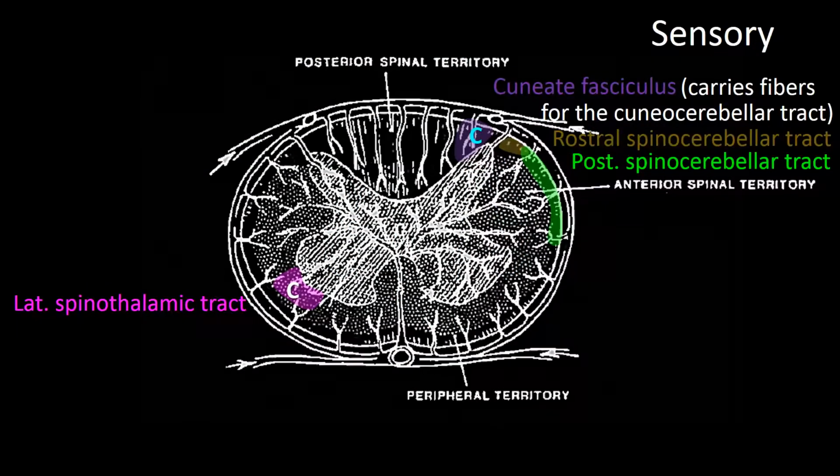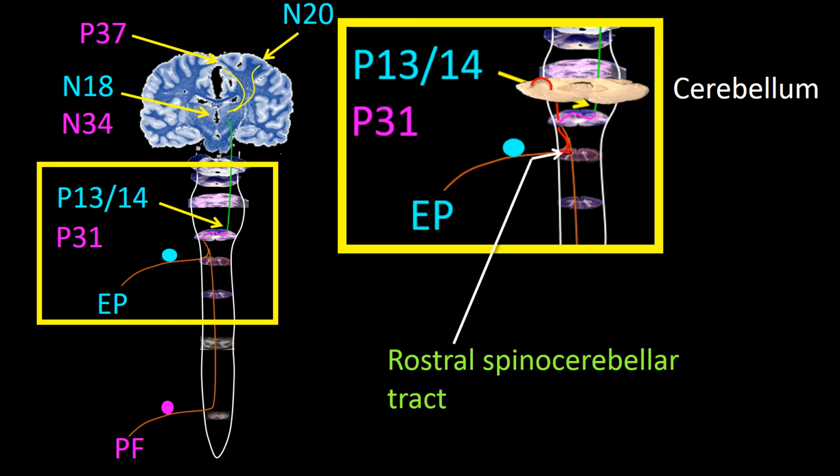This figure shows the 4 structures mentioned in this question. The rostral spinocerebellar tract, which I will show you in the next frame, is activated by median nerve stimulation. Here I have represented the rostral spinocerebellar tract in red. This tract starts in the dorsal horn of the cervical spine, likely as low as C8 and T1 segments.